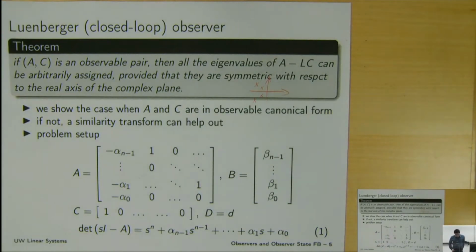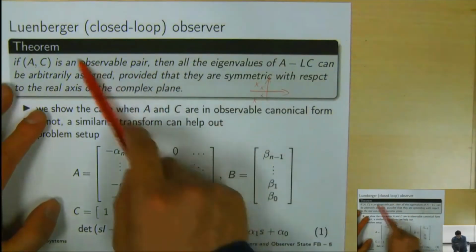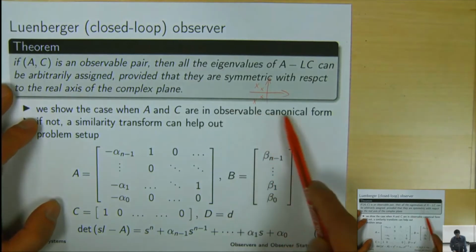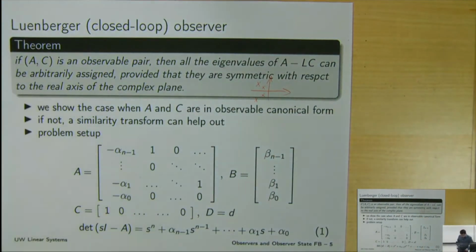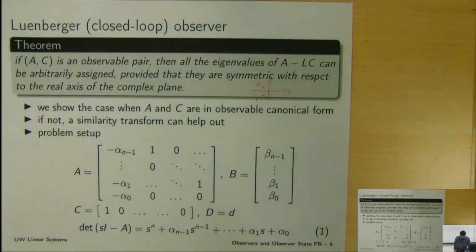So we're going to start with the case when A and C are in observable canonical form, and then we're going to generalize to the case when it is observable but not in observable canonical form. That is a simple step of similarity transform again.